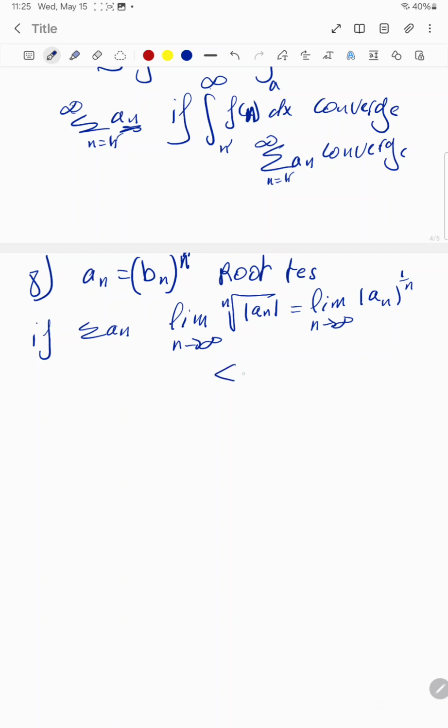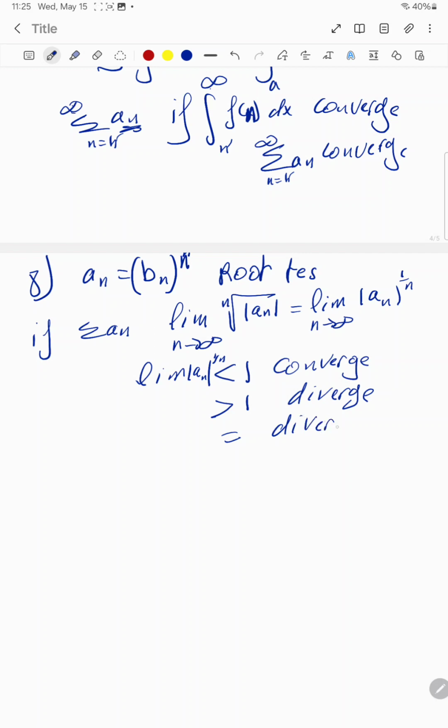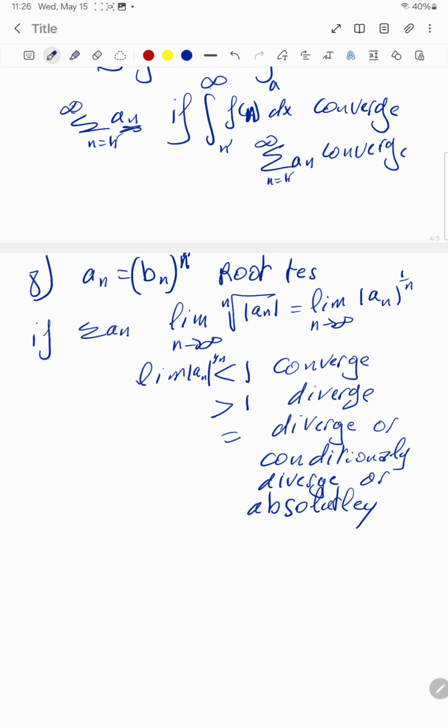If that limit is less than 1, we say the series converges, and greater than 1 it diverges, and equal to 1, like above, it can diverge, or conditionally converge, or absolutely converge.